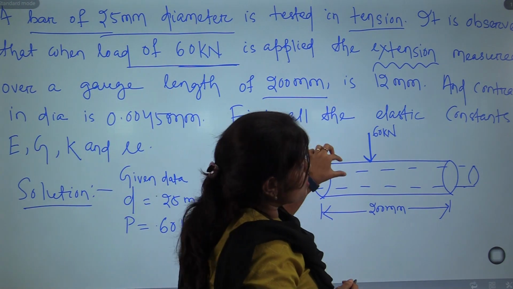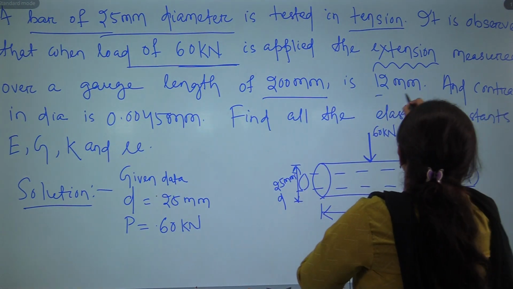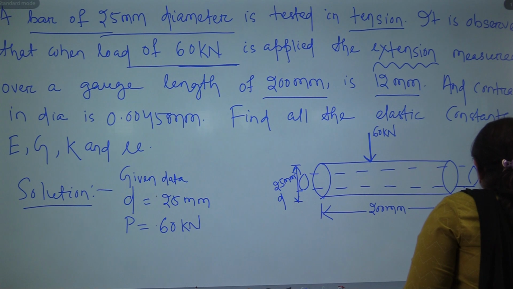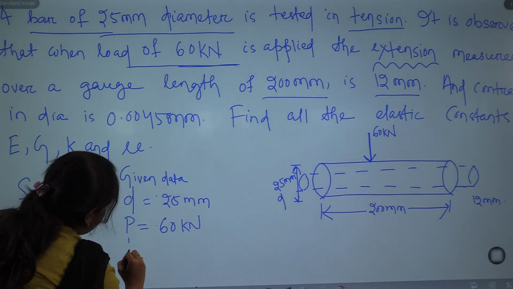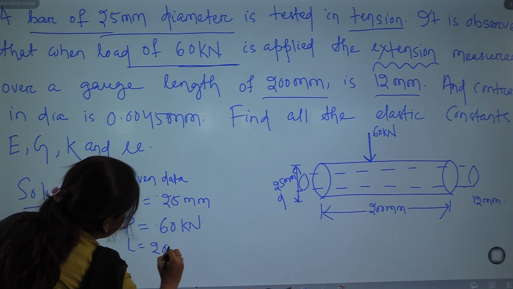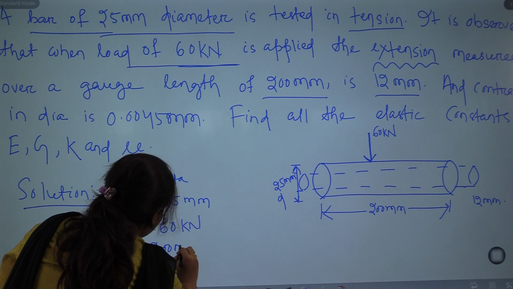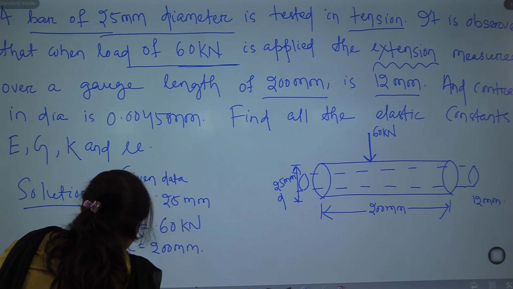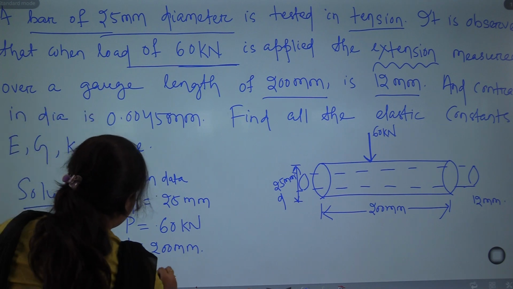So, the extension given here is 12 mm. We can write here L equals 200 mm and del L equals 12 mm.